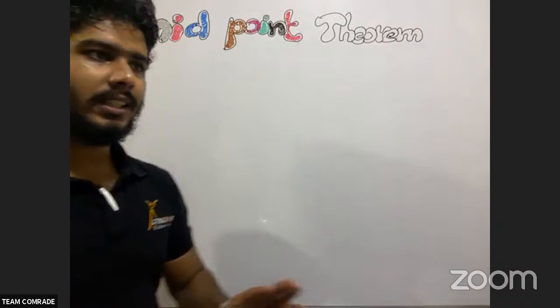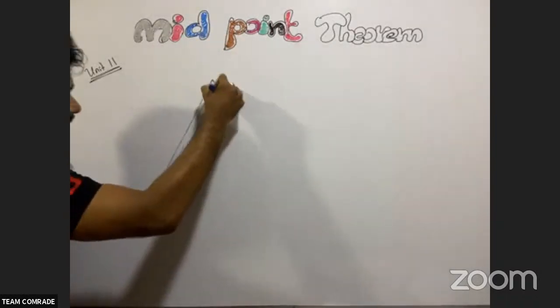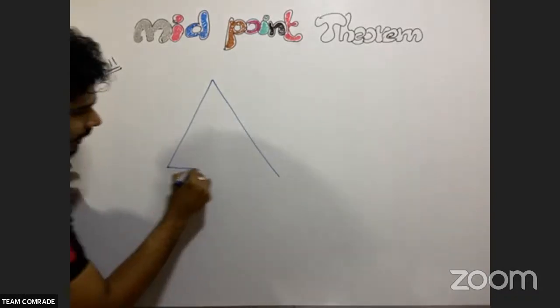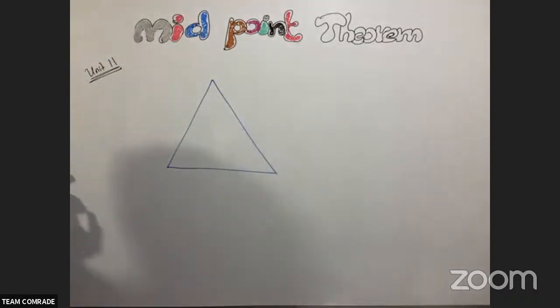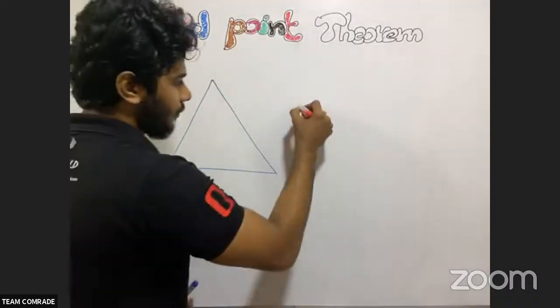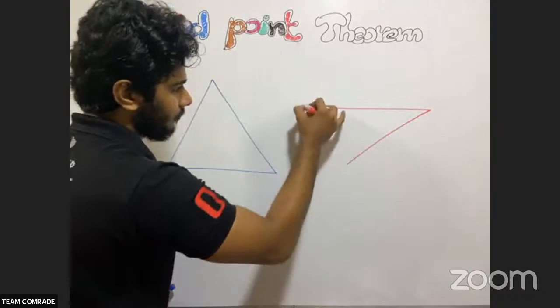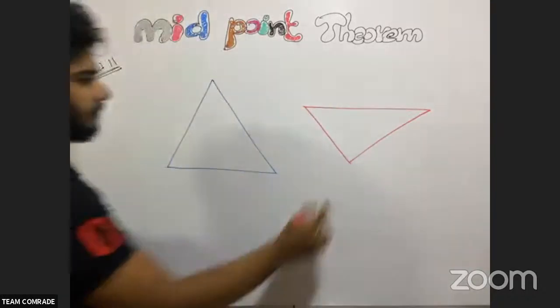Now, the midpoint theorem is a theorem which applies for triangles, and it can be any kind of triangle. I'll take two types of triangles so you'll understand. This is one type, this is another type.